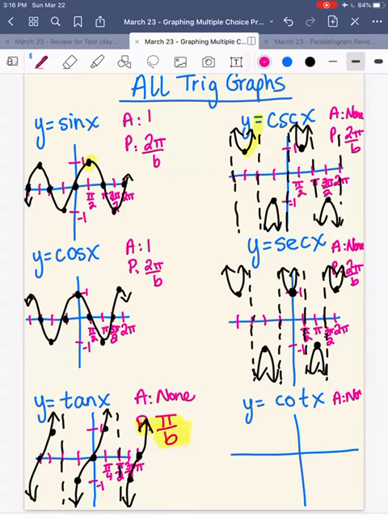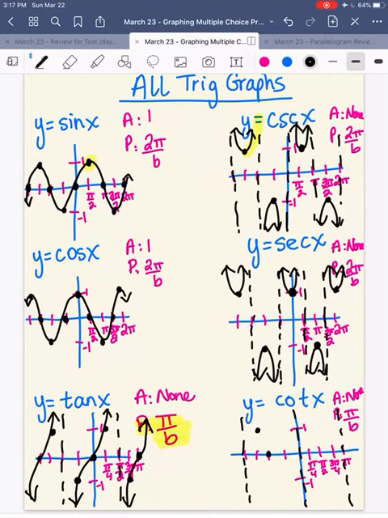Alrighty, then cotangent's amplitude is none. And our period is pi over b. So we're going to do the same thing. And then our asymptotes are right in the middle and then right on the ends.